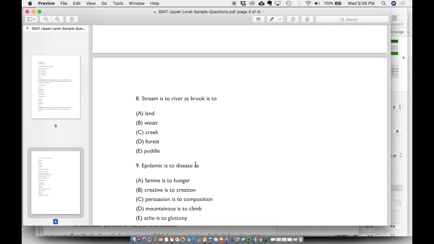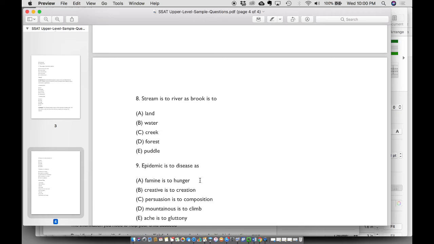Now I'm looking for a group of words that I can use that will also fit that sentence. Blank is a blank that is widespread. When I go to A, I see famine is hunger that is widespread. So a nation has a famine when hunger is spread out across the country or that particular vicinity.